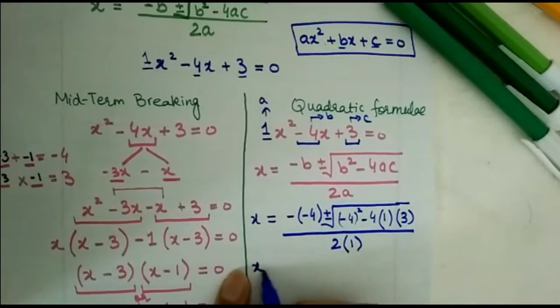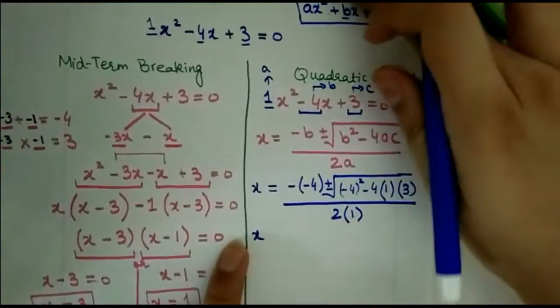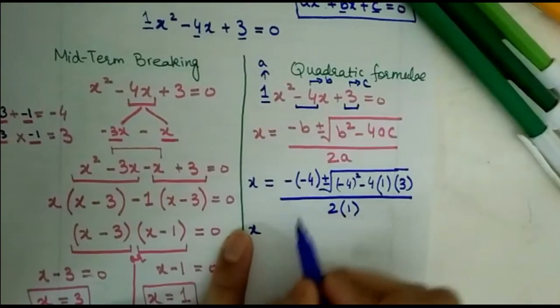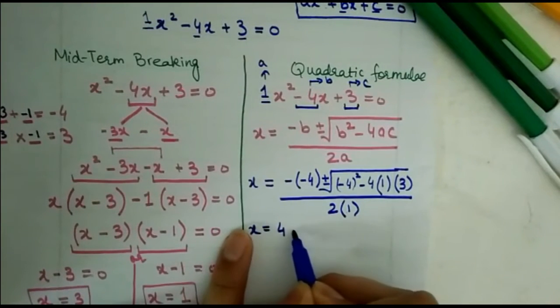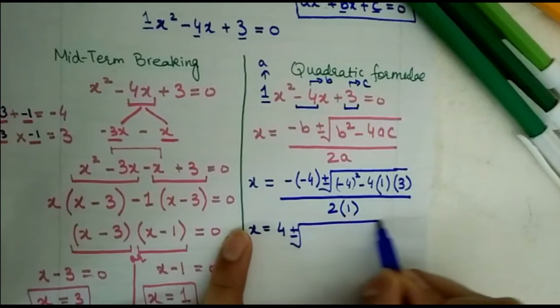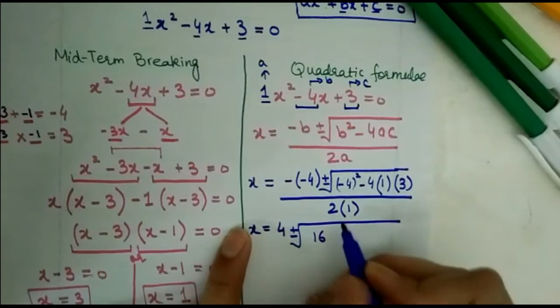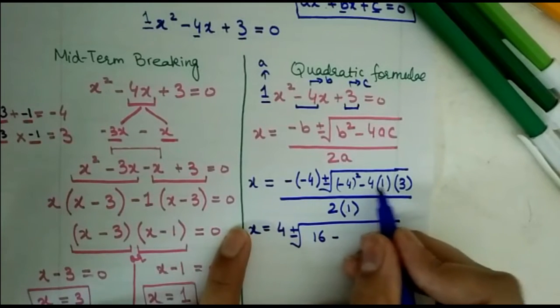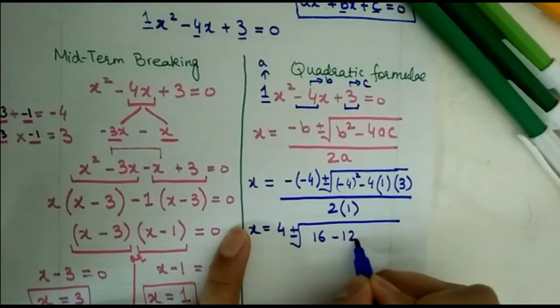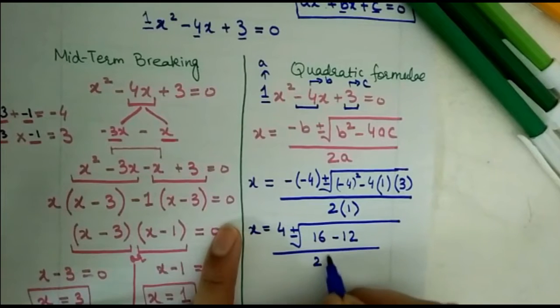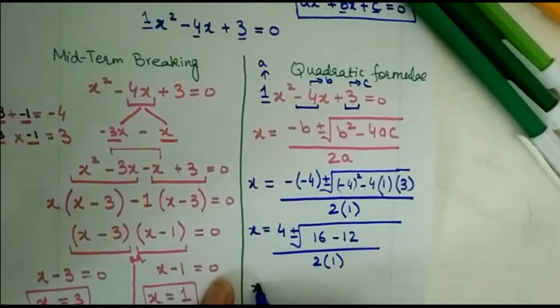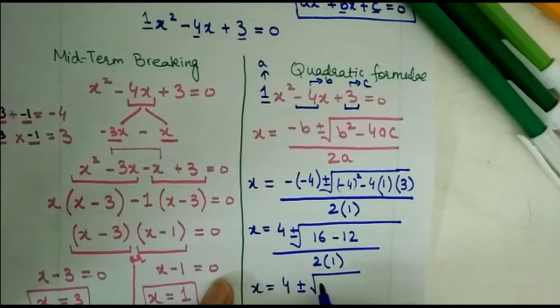Now if I solve it further, I'll get something like this. Minus minus is plus, plus minus, minus 4 whole square is actually 16. Minus 4 into 1 into 3 is 12, divided by 2 into 1. Further solving it, I get 4 divided by 2.